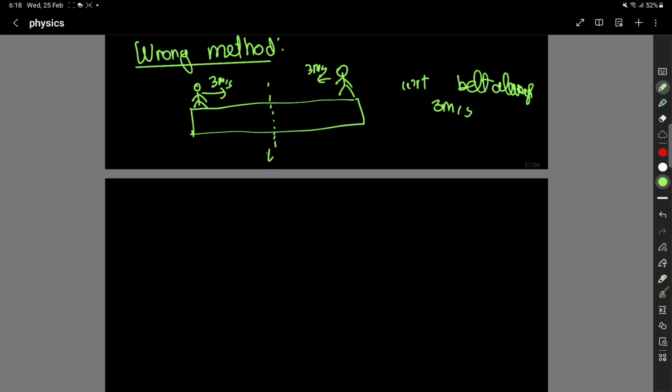So they'll first meet at t equal to distance over v relative. Between the boys, this will be some 50 meters, this will be some 50 meters. So t is equal to 50 by 3. So they'll meet at the correct time.